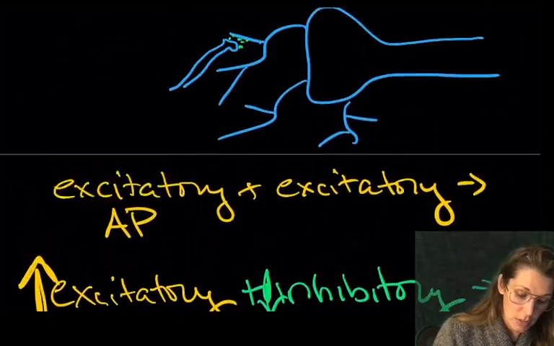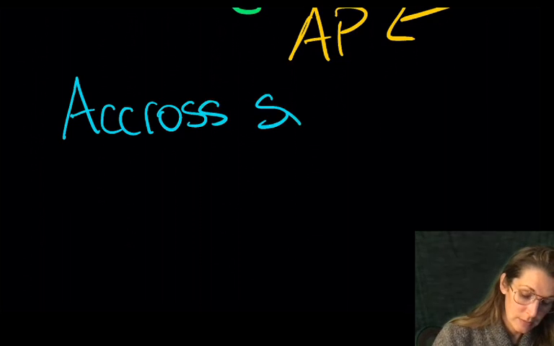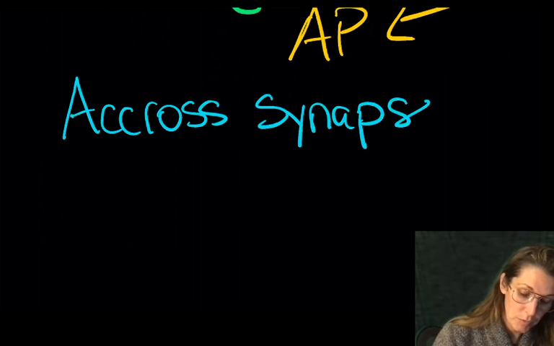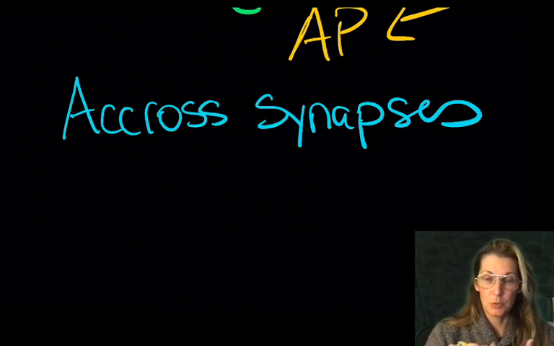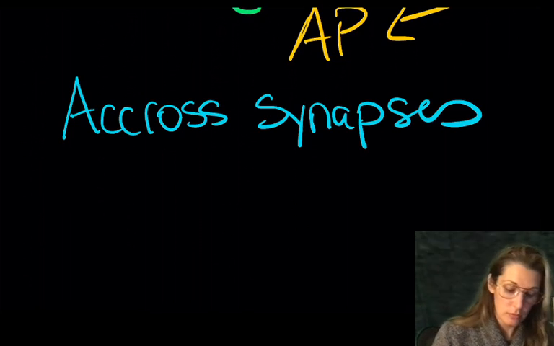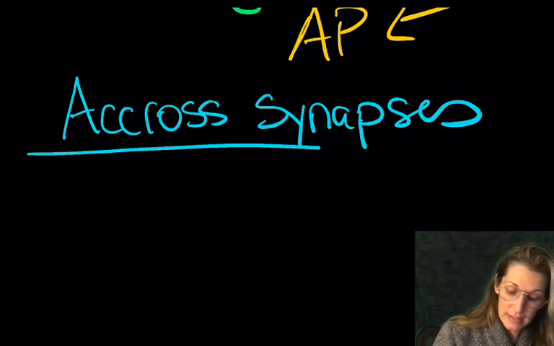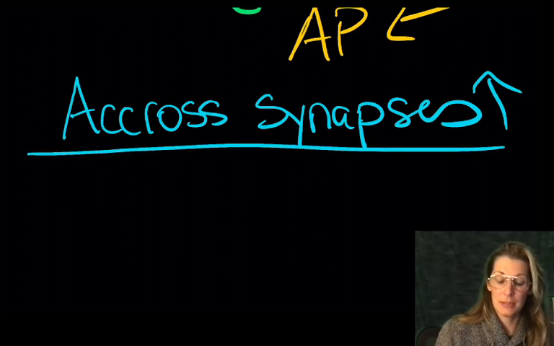Another important thing is that these can be summed across synapses. So you have multiple synapses receiving information. So that's what that is. That's showing summation across synapses.